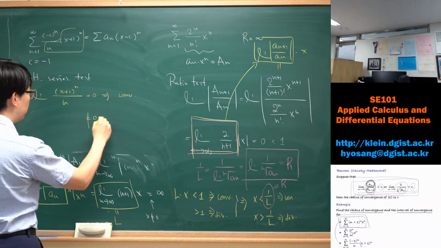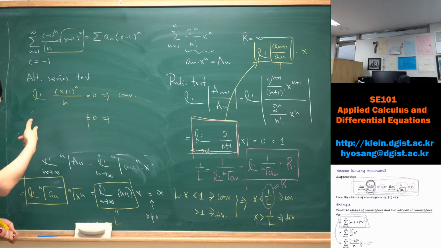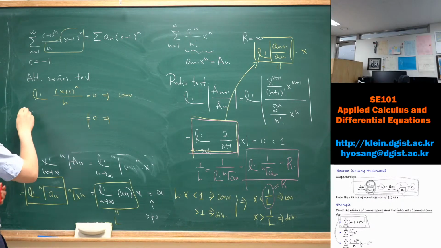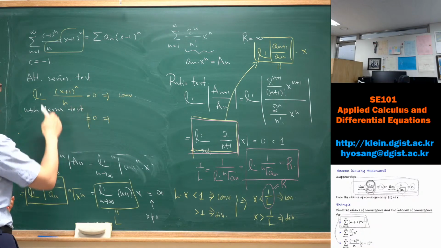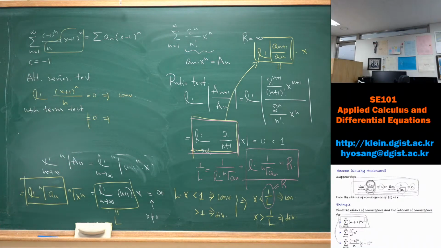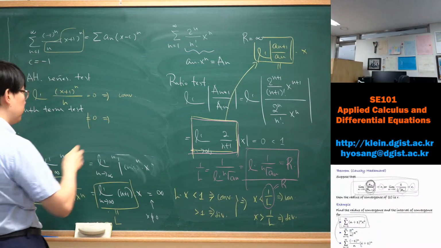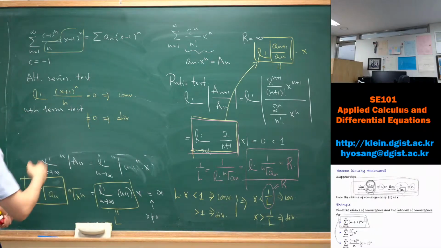What if it does not go to 0? It diverges, but not because of the alternating series test, but because of the nth term test. The nth term test says that if the sequence goes to a limit not equal to 0, then it diverges. So we have a convergence and divergence condition here.